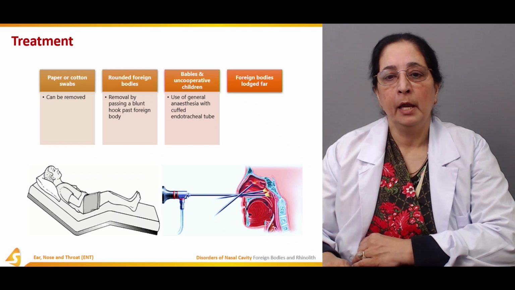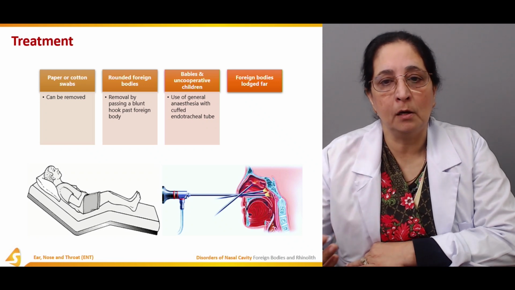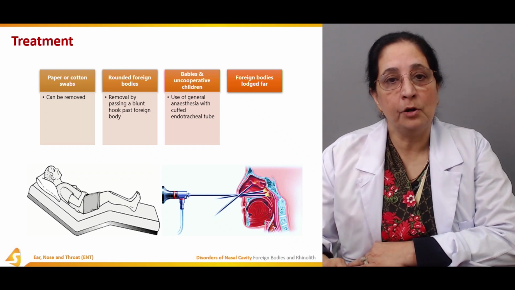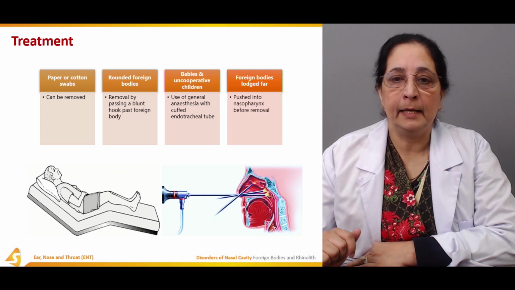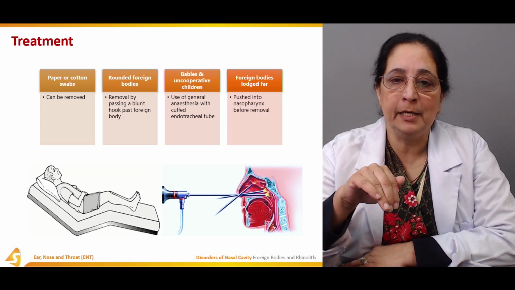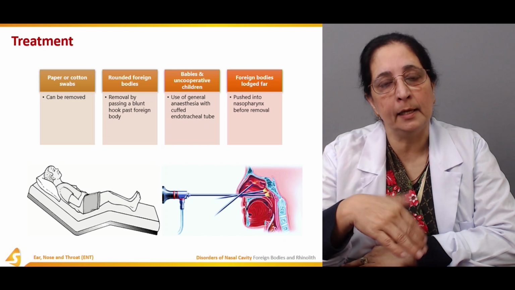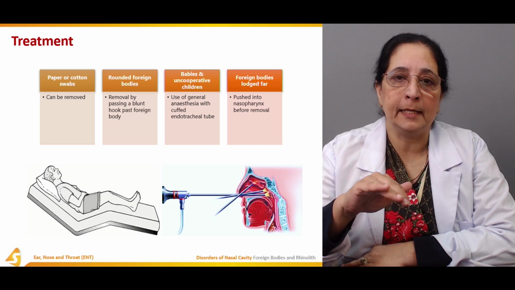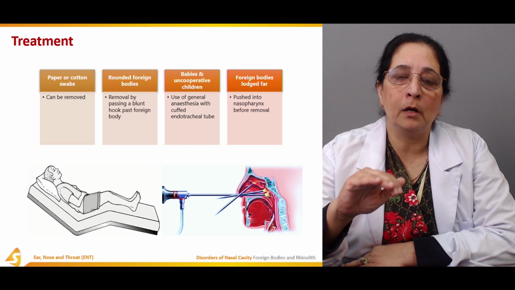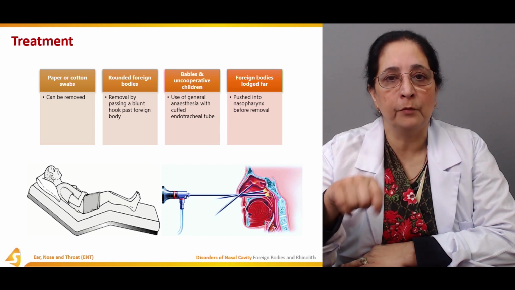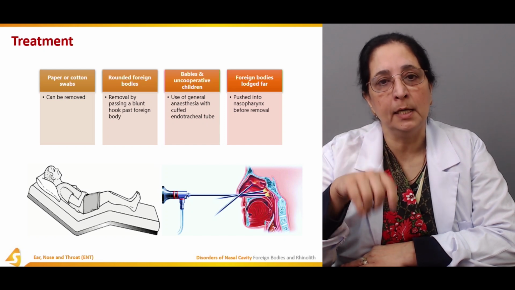And also, if the foreign bodies are lodged far and are not close enough, then they should be pushed into the nasopharynx and removed from that area, because they are already too far to be removed from the outside or from the nostril.